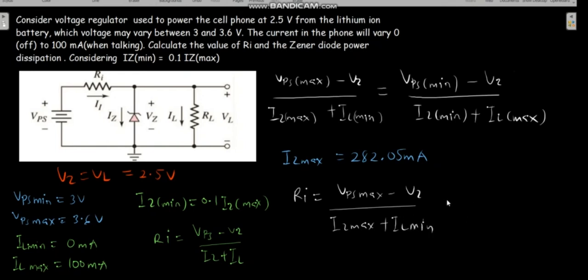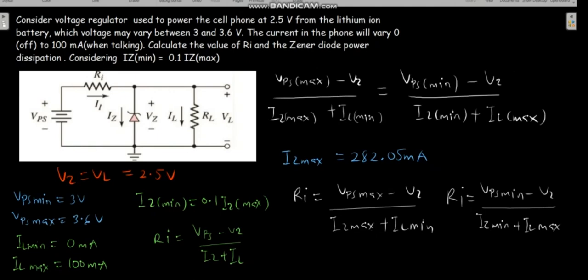Or we can use this one: Ri equals (Vps minimum minus Vz) over (Iz minimum plus IL maximum). You can use either of these two formulas to solve for Ri.